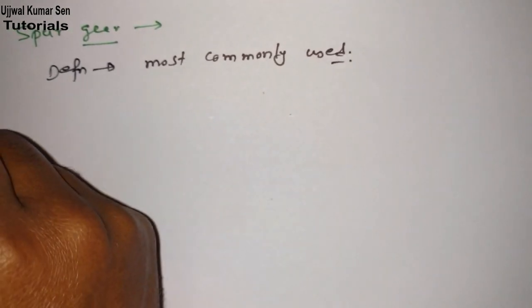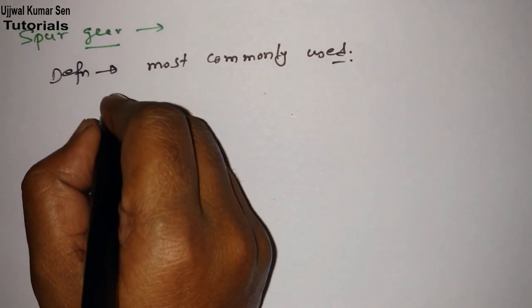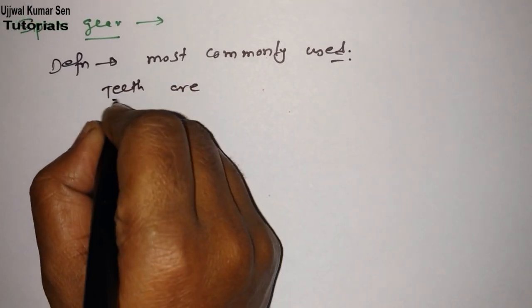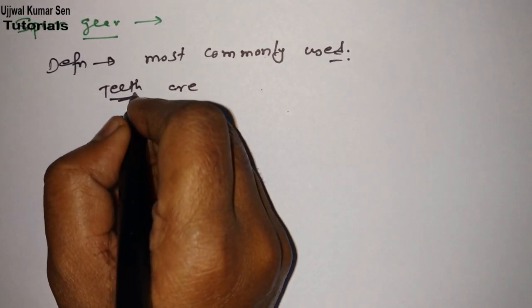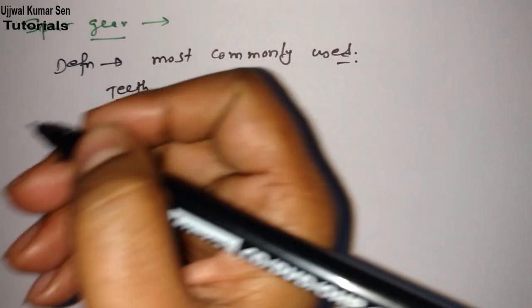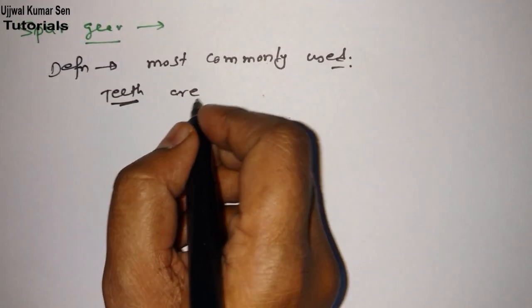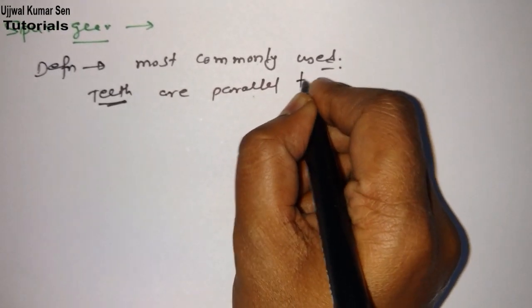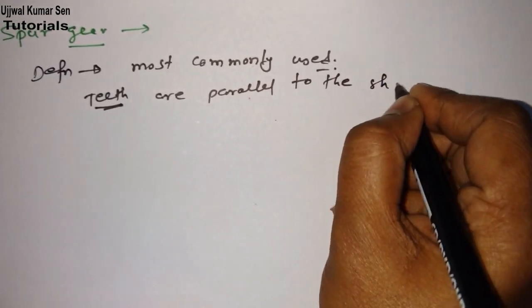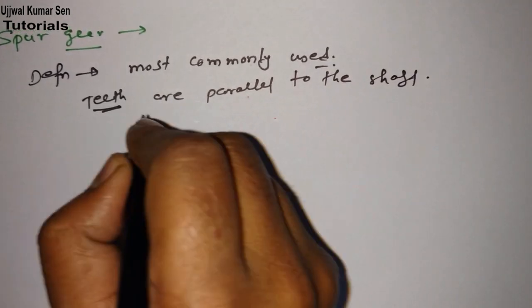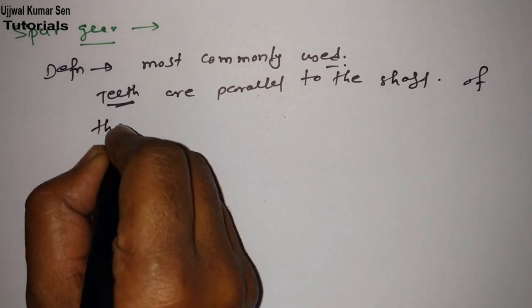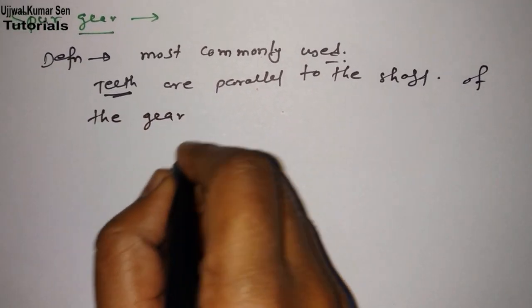Now if you go for the definition, in this gear the teeth, meaning the plural of tooth, the number of teeth, are parallel to the shaft of the gear.